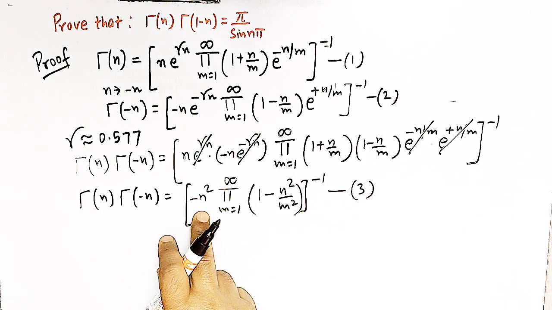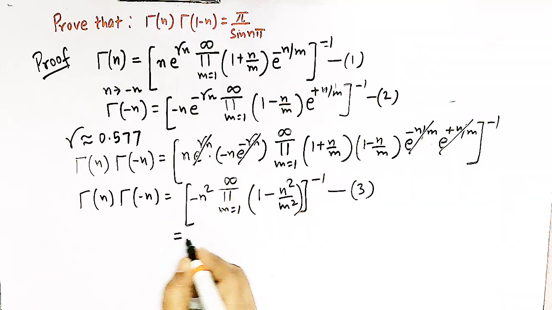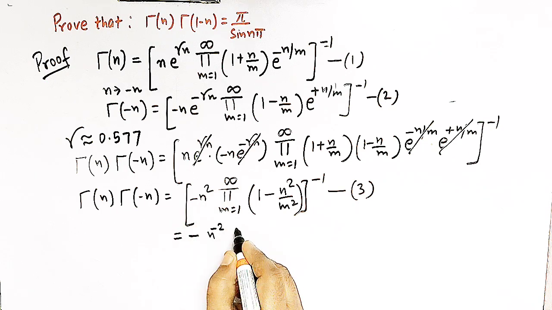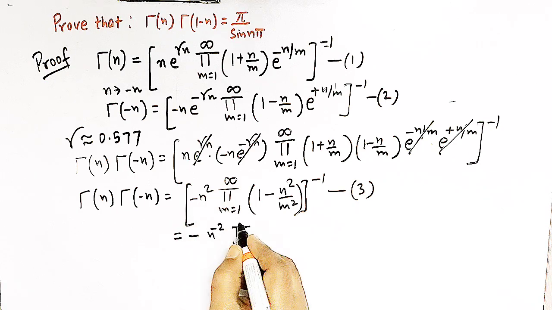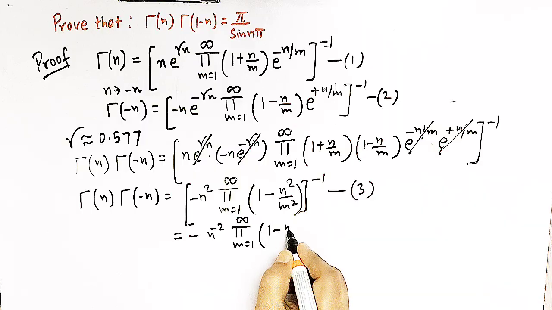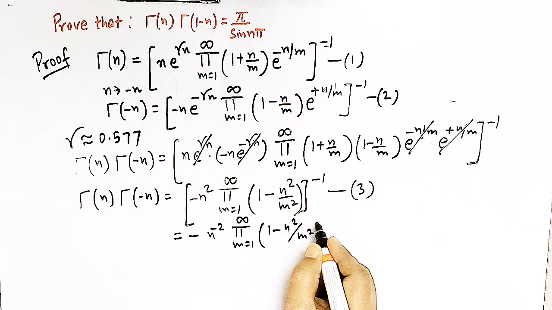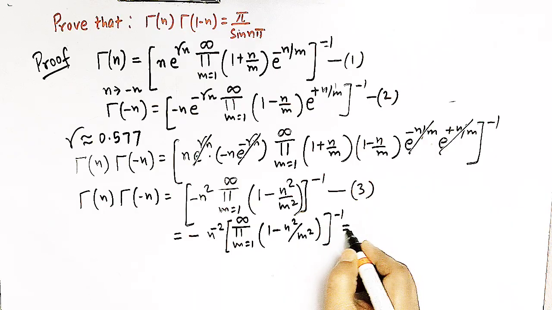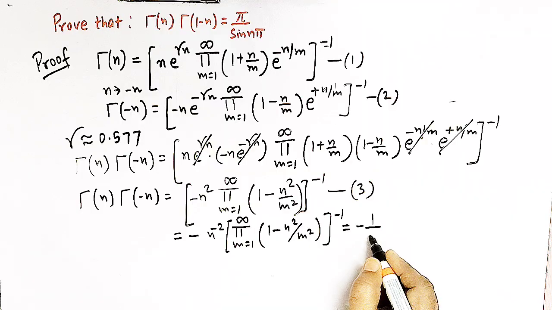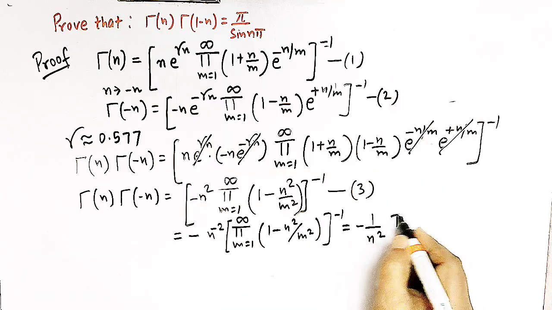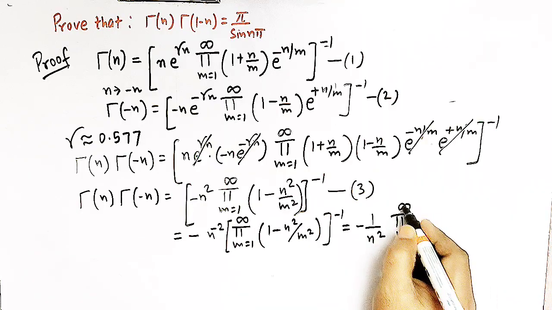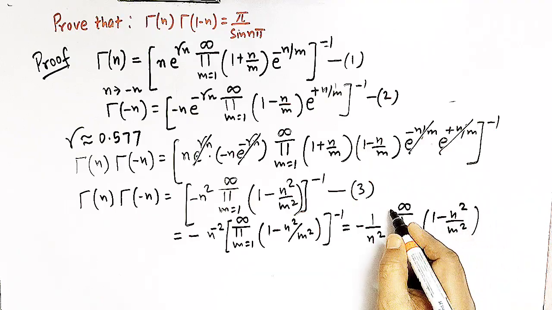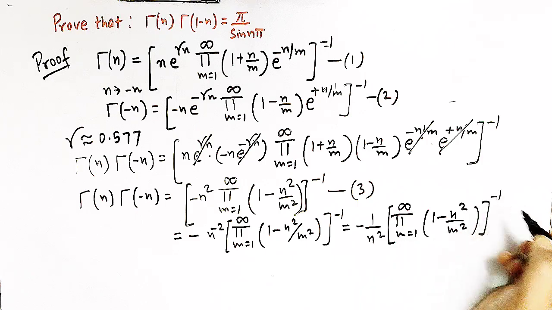So now we can also write this equation as minus n raised to minus 2, and the product from m equal to 1 to infinity of (1 minus n square over m square) raised to minus 1, that is, we can also write it as minus 1 over n square, and the product from m equal to 1 to infinity of (1 minus n square over m square) raised to minus 1.